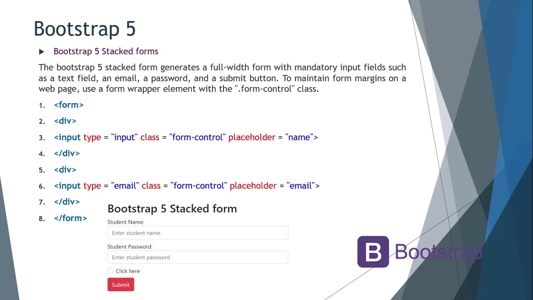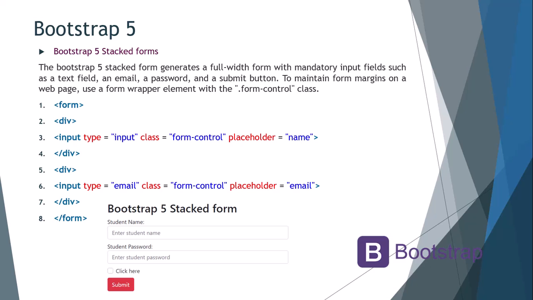When you have the text field on a straight line, right? While the inline, okay, you have a Bootstrap 5 stack form generates a full width form with mandatory input fields such as the text field, email, password, and submit button.